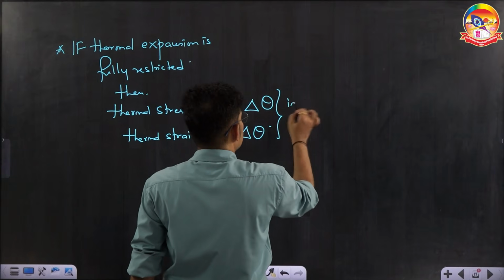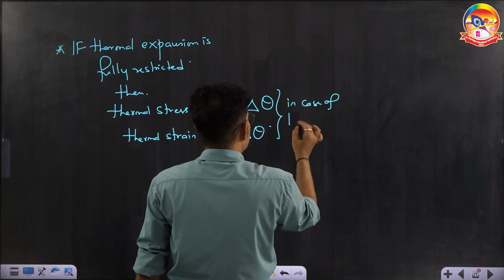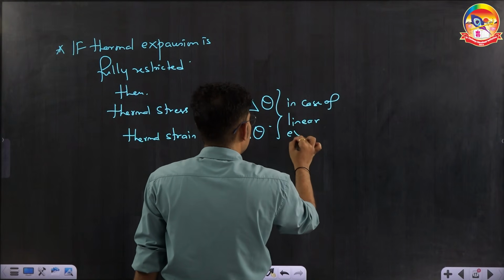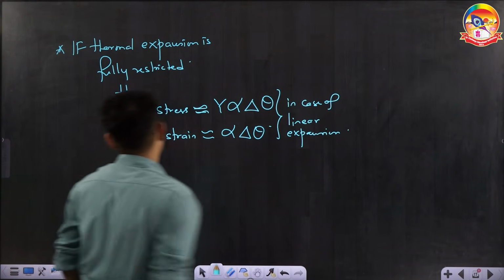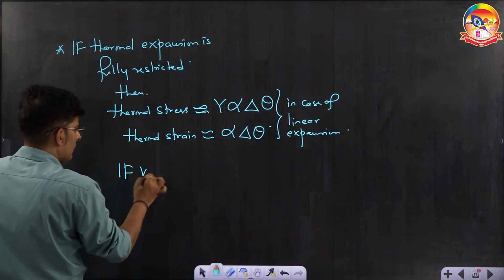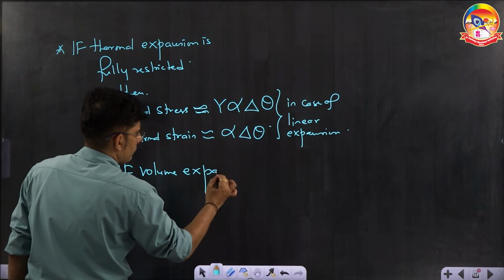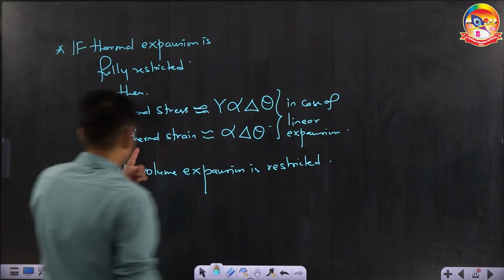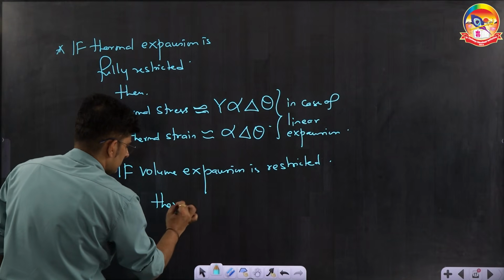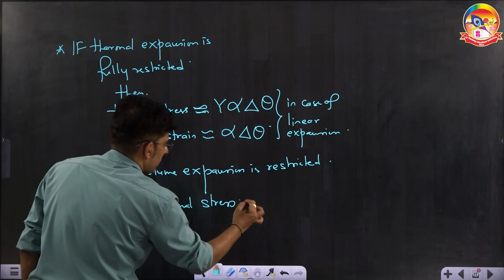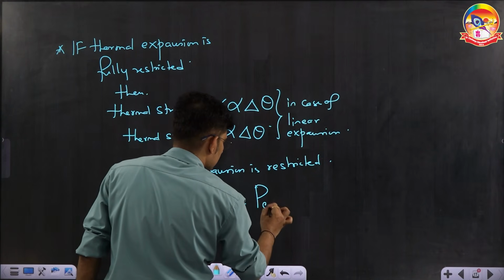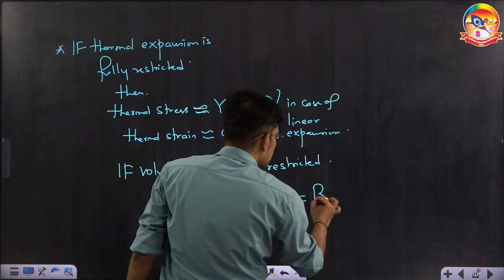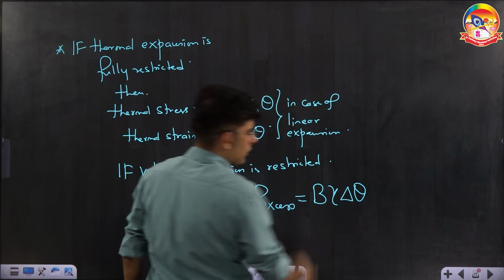This is in case of linear expansion. Now if you restrict volume expansion, then in that case thermal stress will be the excess pressure, and this value, instead of Y alpha delta theta, it will become B gamma delta theta, where B is the bulk modulus.